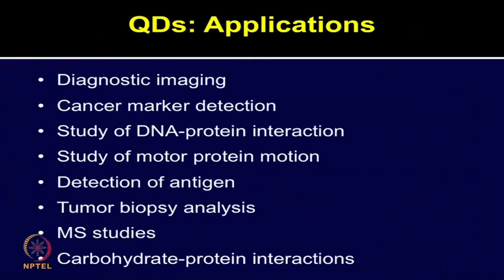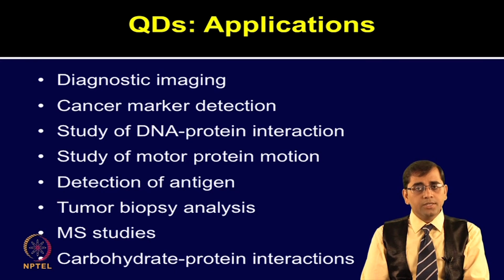The utility of quantum dots has been exhibited in a variety of biological and clinical applications, including immunohistochemical detection, drug delivery and therapeutics, diagnostic imaging, biomarker detection in cancer, studying DNA protein interactions, tracking extra and intracellular targets, detection of antigens and different types of tumor biopsy analysis.